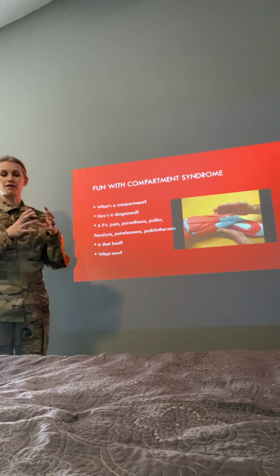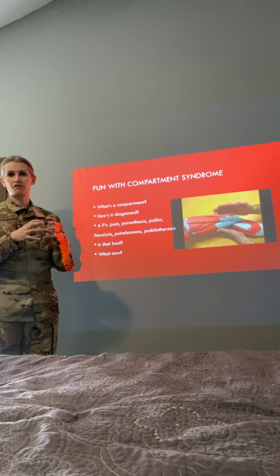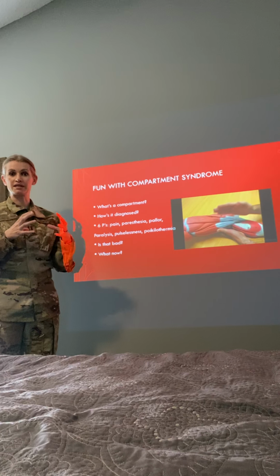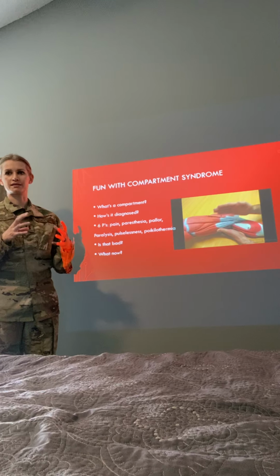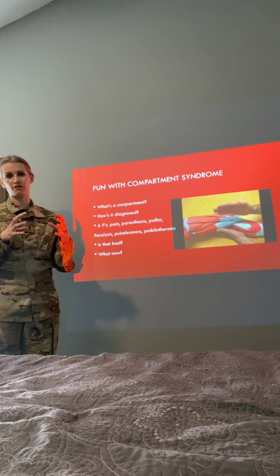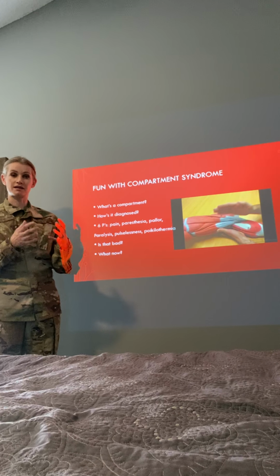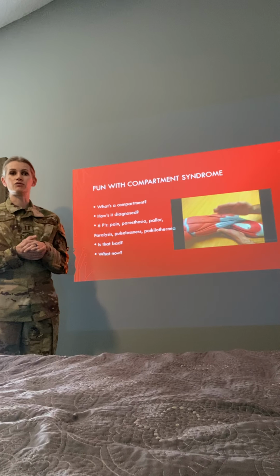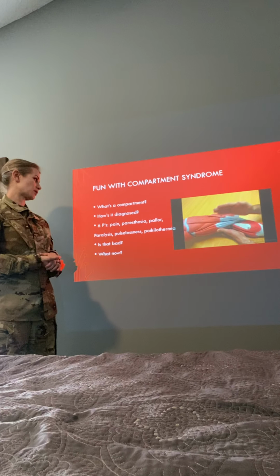So you have a fascia sheath, and it's just a tough connective tissue wrapper that goes around that muscle group. And if the swelling or bleeding within that compartment exceeds the stretch of the fascia, which is not much, you can develop compartment syndrome.